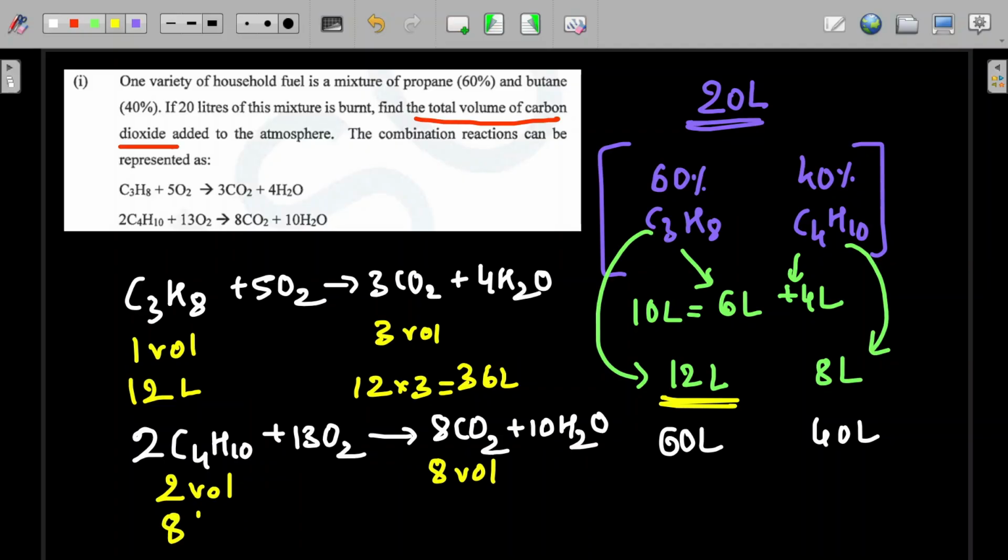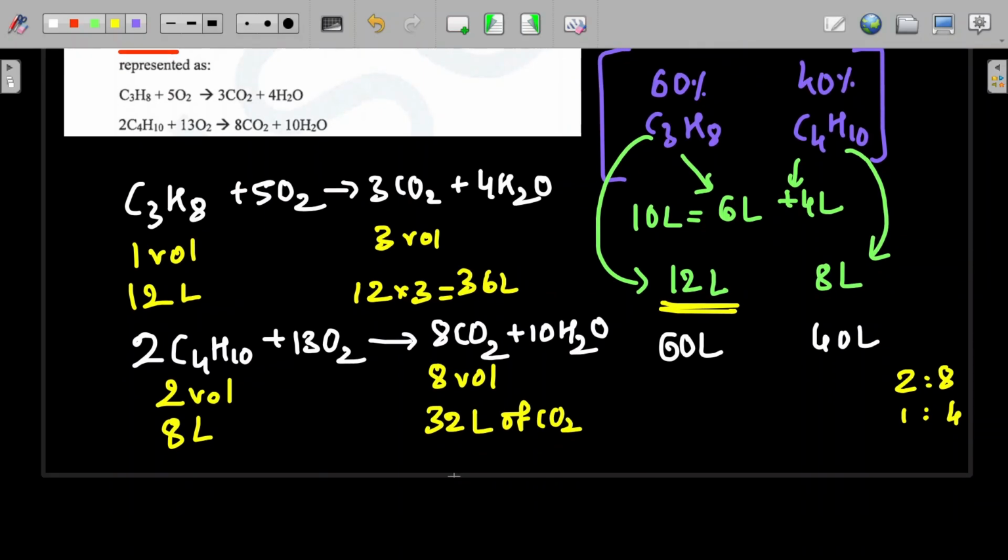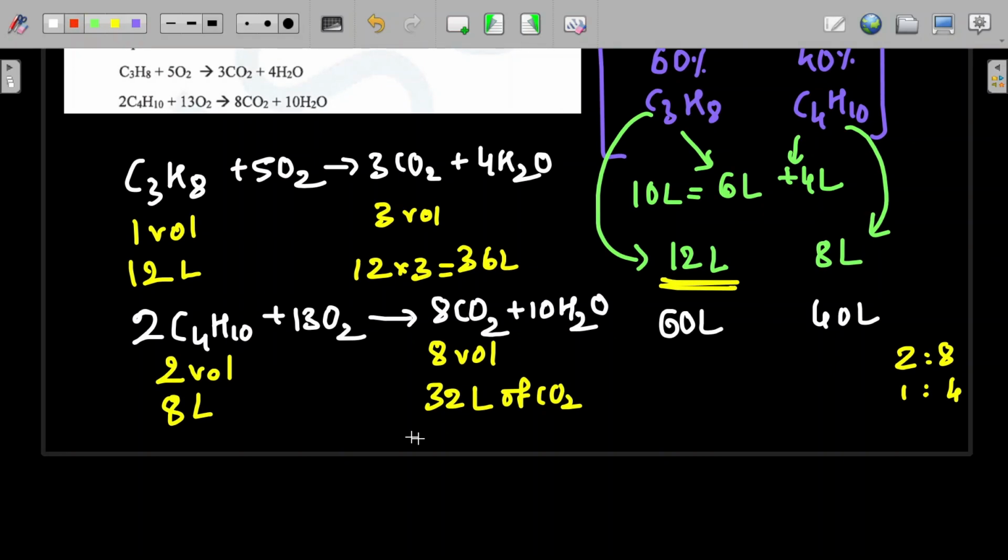Now you have 8 liters of butane. 2 is to 8 means 1 is to 4, correct? 32 liters you will get of CO2. Or you can do the calculation yourself: 8 into 8 divided by 2. So you will get 32 only.